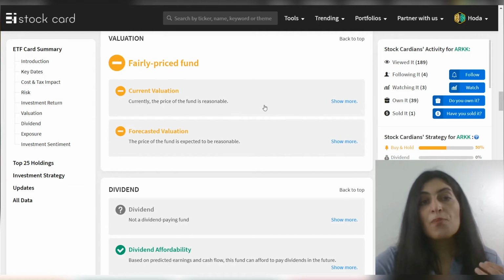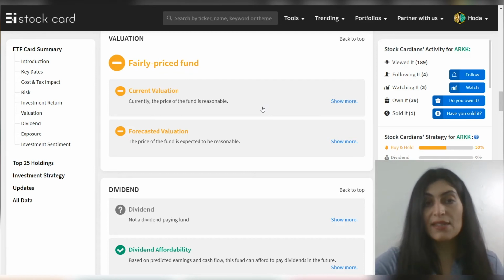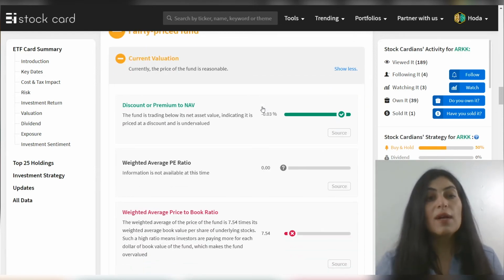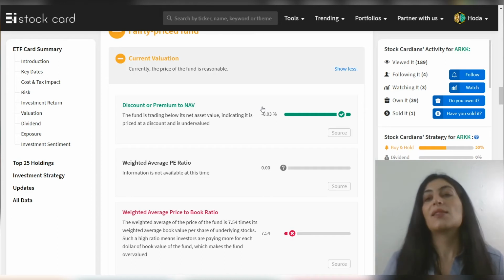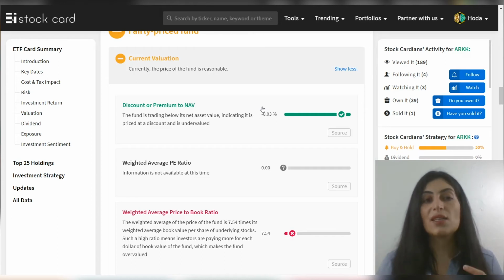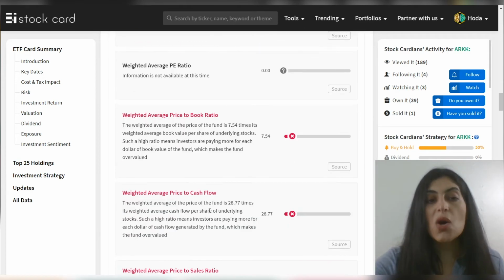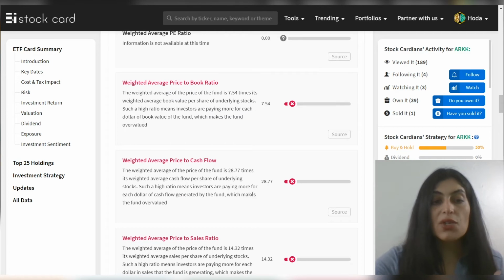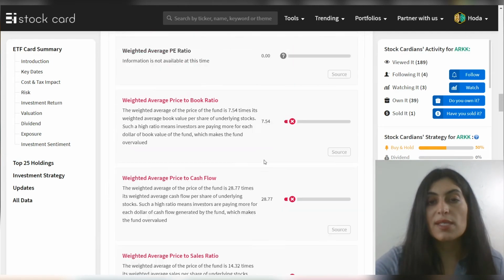And we pull the current valuation and forecasted valuation of the holdings that the fund has, and then we bring the weighted average of those metrics. So weighted average price to book ratio, weighted average price to cash flow ratio, weighted average price to sales ratio, and so on.